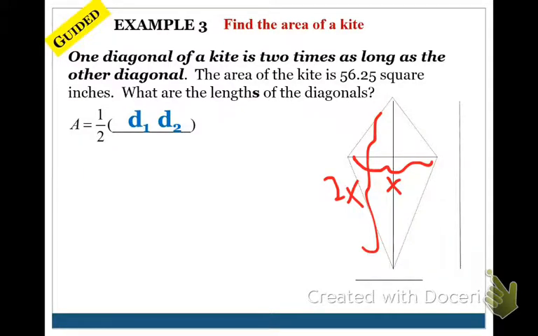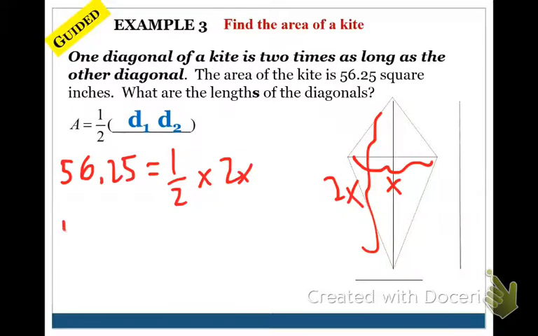So for that area, we'd have 56.25 is equal to 1/2 X times 2X. Right? So we simplify that. That's going to be 56.25 is equal to, the 1/2 and the 2 cancel, and we get X squared. So then we do the square root of 56.25.